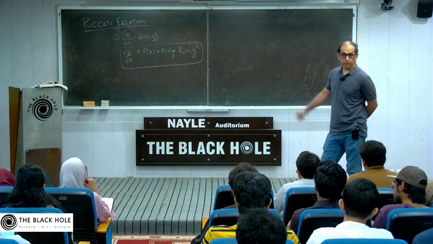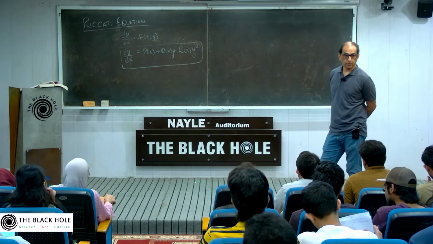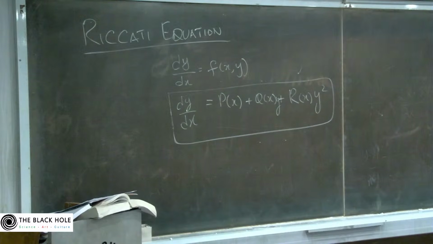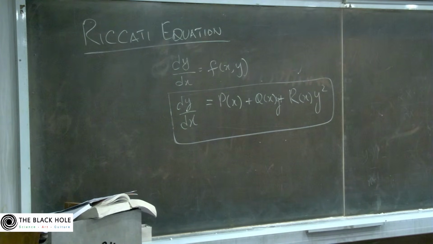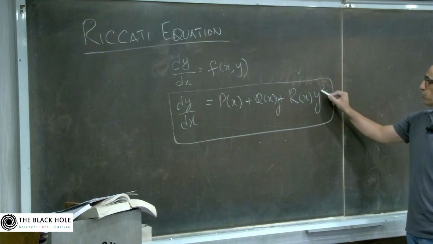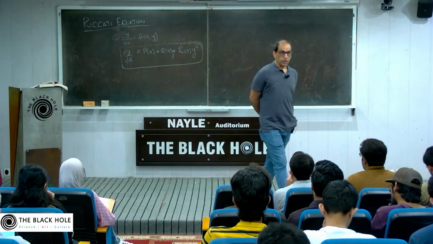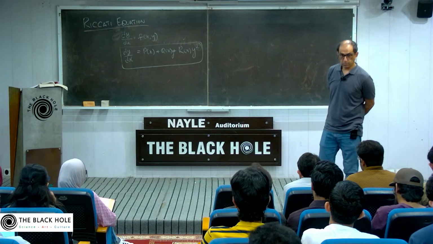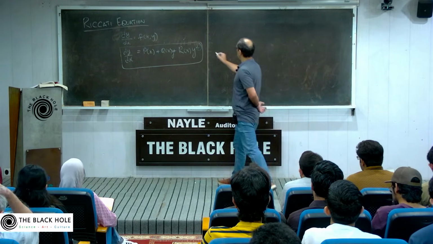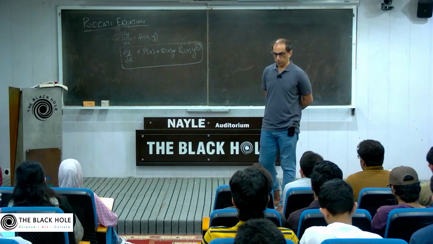So you can see that you can get a Bernoulli from here as well. If I just put this equal to 0, you will get the same Bernoulli, right? So the method that I'm going to tell you works only when you have nonlinearity of power 2. y has maximum power 2.